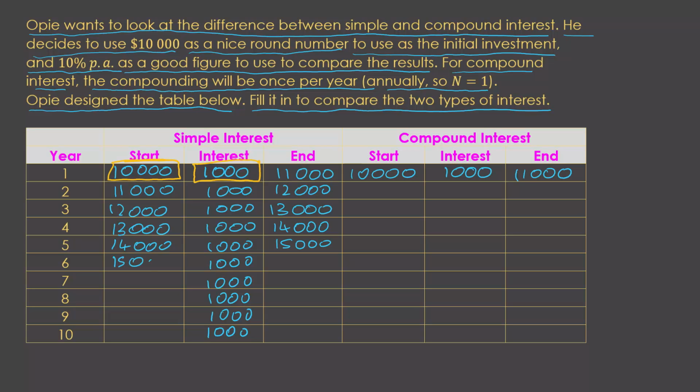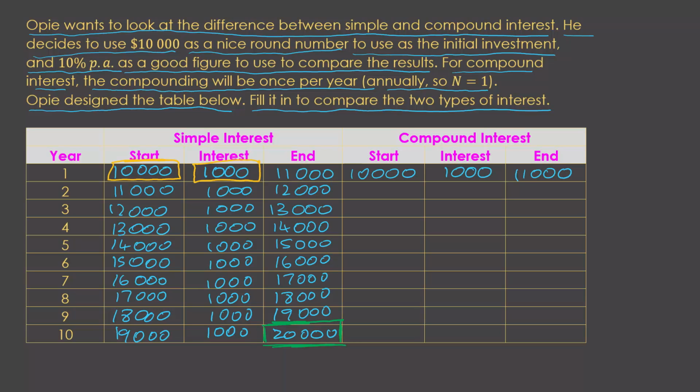Start with 15,000 and get 16,000. 16,000 will go up to 17,000. 17,000 would go up to 18,000. 18,000 would go up to 19,000. And finally, 19,000 will go up to 20,000. So our final figure for simple interest would be 20,000.